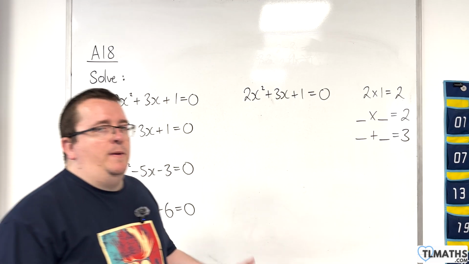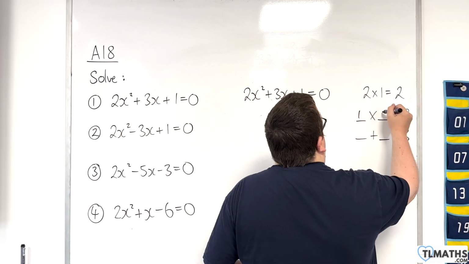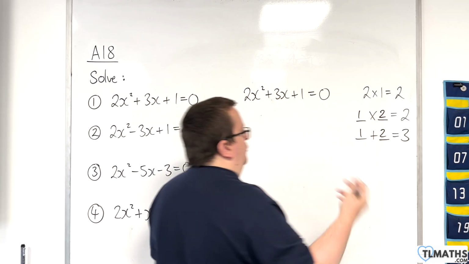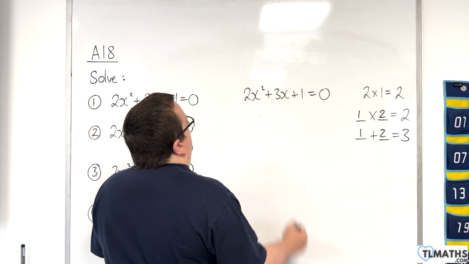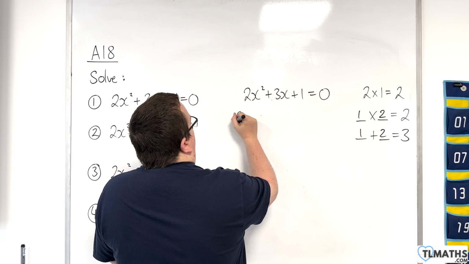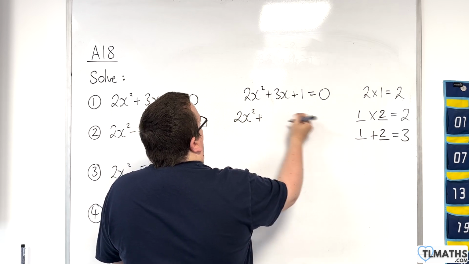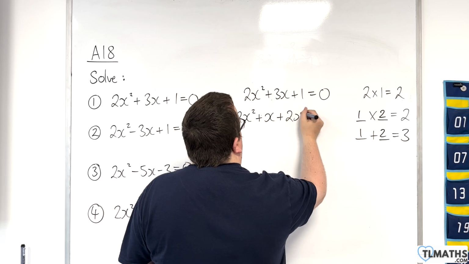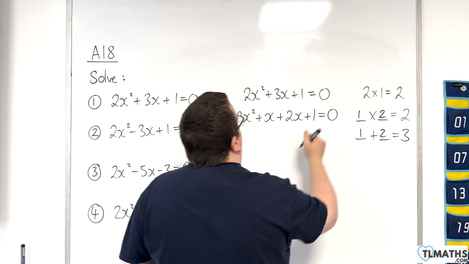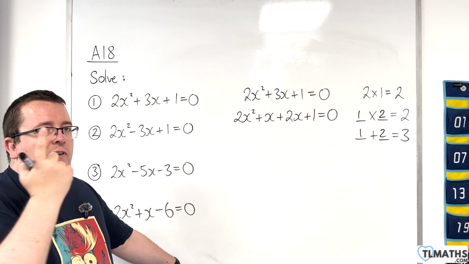Okay, so that would be 1 and 2, right? So 1 and 2, or 2 and 1, okay? Doesn't really matter which way round. So the 3x can be written as 1 lot of x plus 2 lots of x. Again, if you write 2x plus x, it doesn't matter.